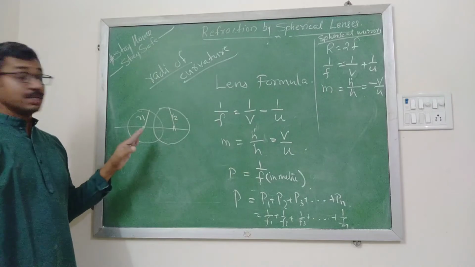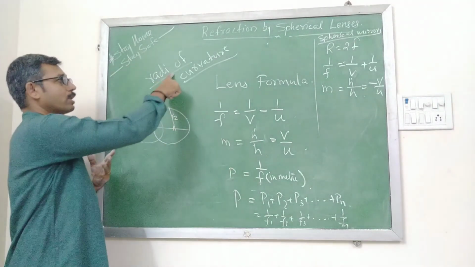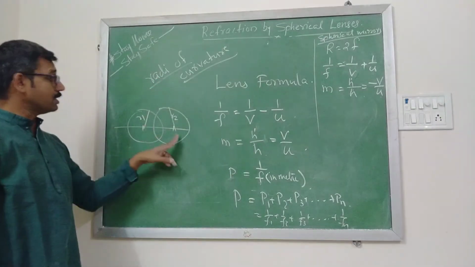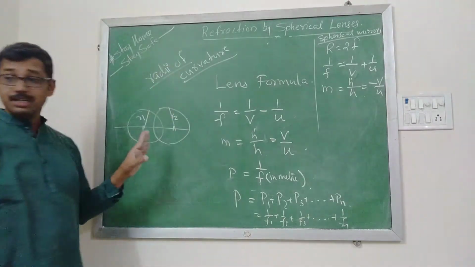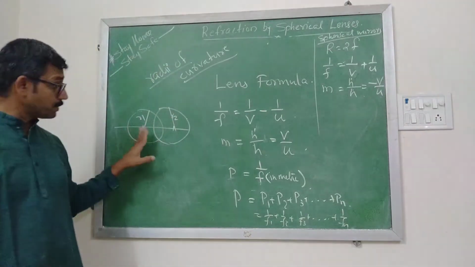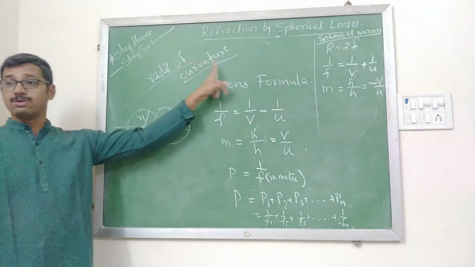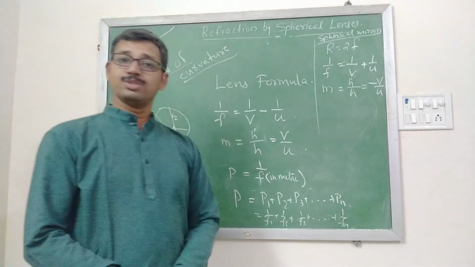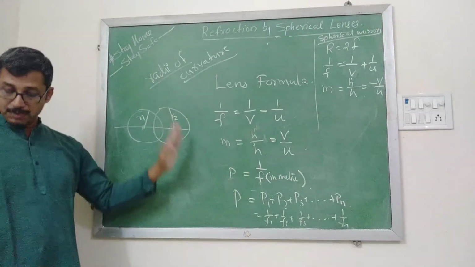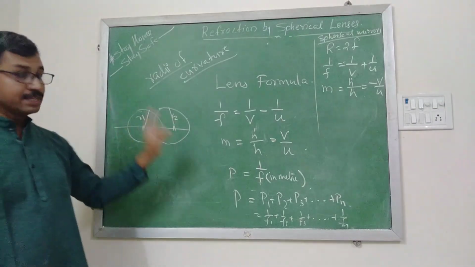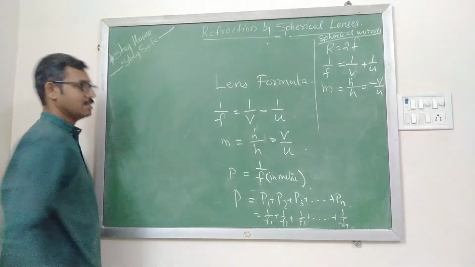Radii is the plural of radius. The radii of the spheres of which the lens is a part are called the radii of curvature. I forgot at that time, and this will come later.